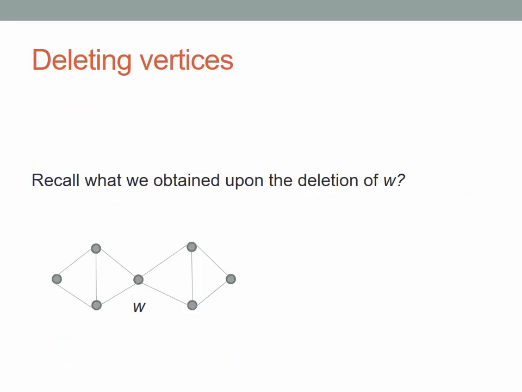So back to our first example, we saw that when we remove the vertex labeled W, the resulting subgraph has two components. Therefore, W is a cut vertex. Also, the set that contains just W is a vertex cut set with just one element.